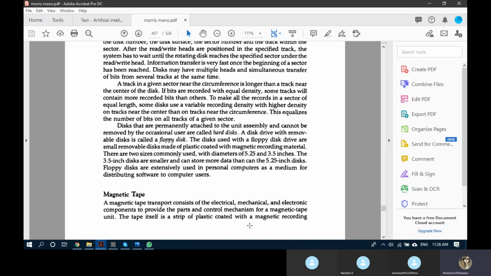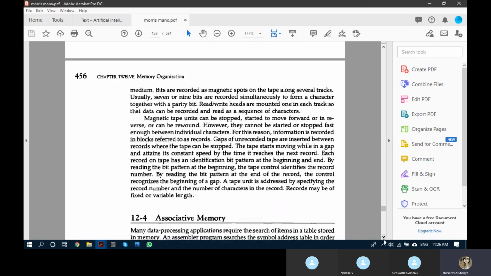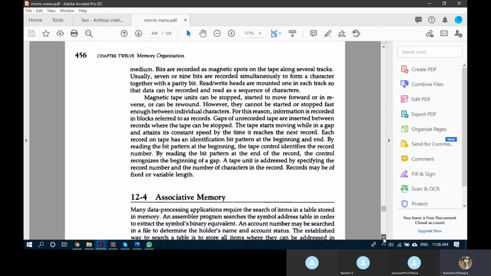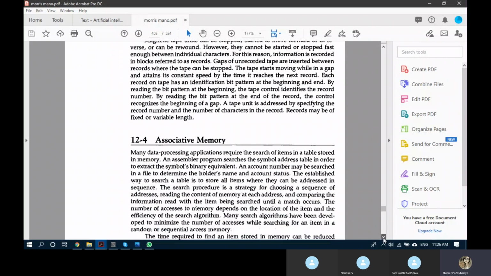So magnetic tapes are like that. Those cassettes can't play the data randomly. Rather, you have to read or write sequentially. That is magnetic tape. These two come under secondary or auxiliary memory.